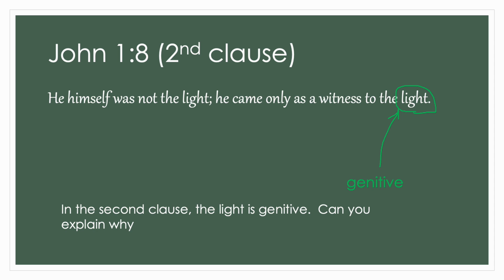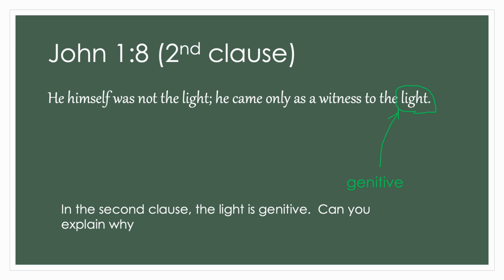Okay, so now why is light in the genitive? Now you may remember genitive is about either being in a possessive sense, owning something, or it is associative. It associates with something. Now in this case, the light is associated with the witness testimony.